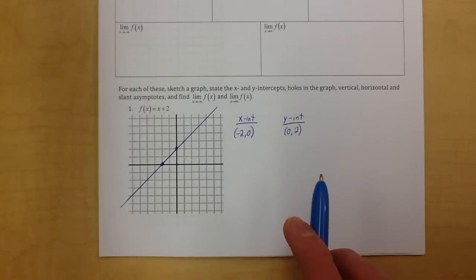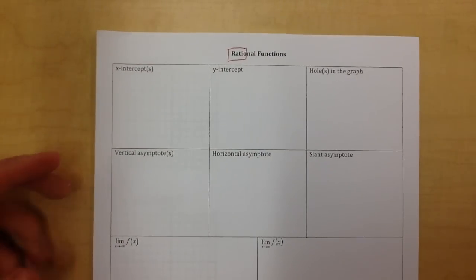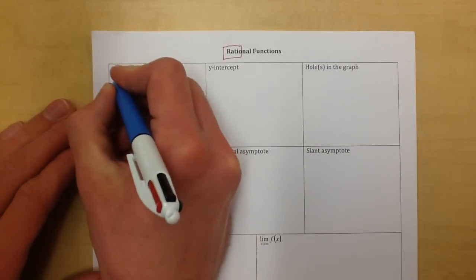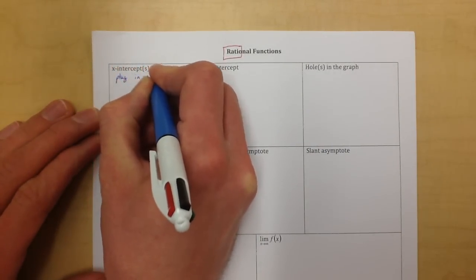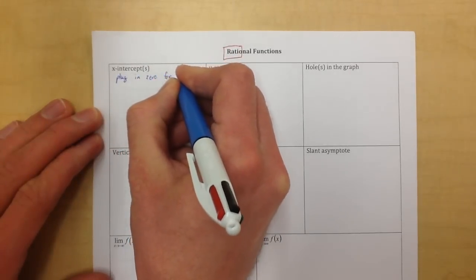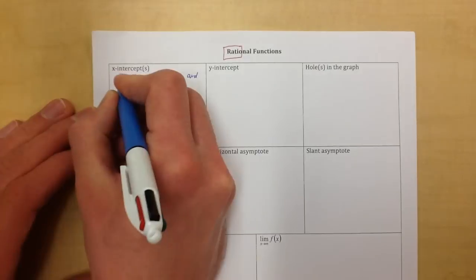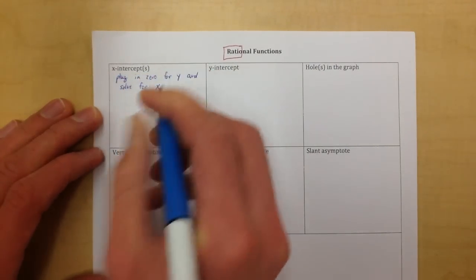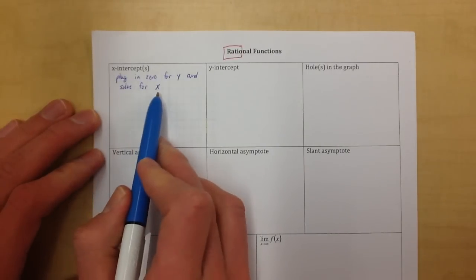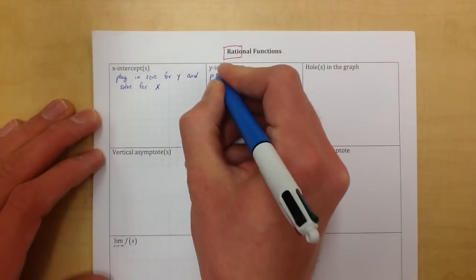So let's take what we've just learned and let's move up here and let's start filling in some stuff. You know what an x-intercept is, but just in case you didn't know, here's how you find it. Plug in 0 for y and solve for x. If I want to know where the x-intercept is, then y is equal to 0. Same thing with y, only slightly backwards.